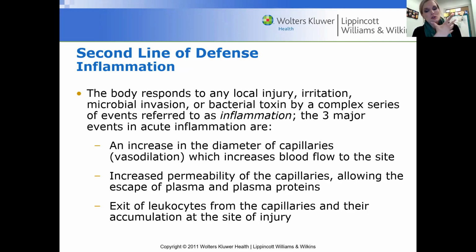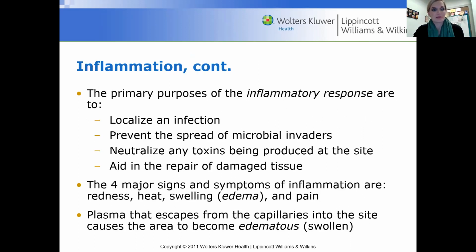But the exit of those leukocytes from those capillaries also helps because, again, our white blood cells, remember, are our body's defenders, or our blood's defenders, and they're going to work to fight off any infection that could be present around that splinter.